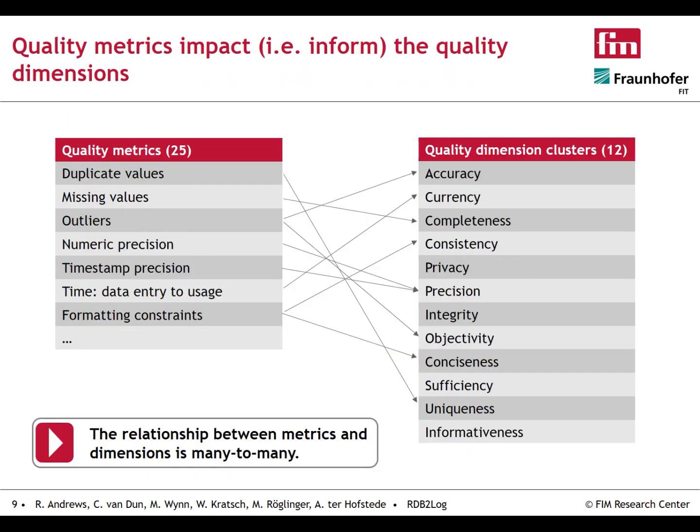For the purpose of measuring those quality dimensions, as I've already mentioned, we've extracted a list of about 25 metrics from recent literature. Those include quite basic metrics such as the ratio or count of duplicate or missing values in a column, but also more sophisticated ones such as the calculation of outliers on the basis of statistical principles from a given data column, or also the calculation of a precision value for numeric or timestamp columns.